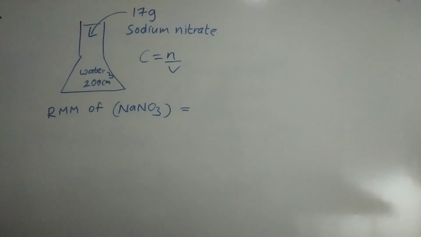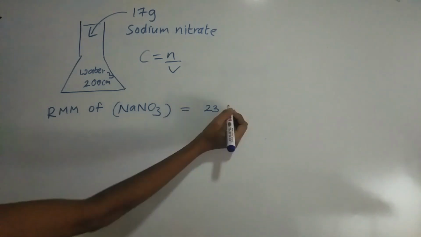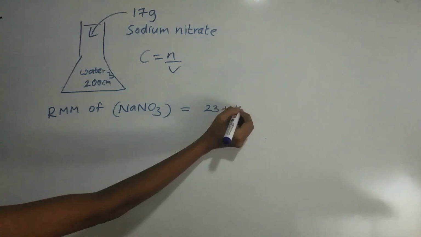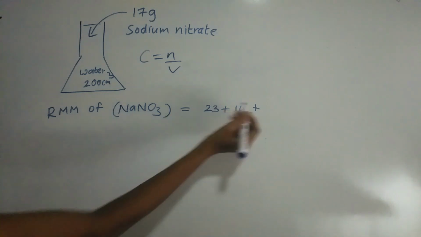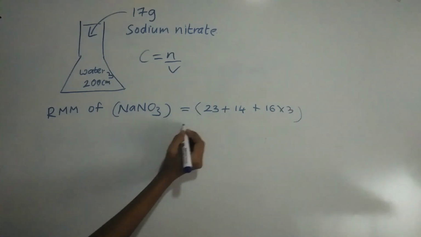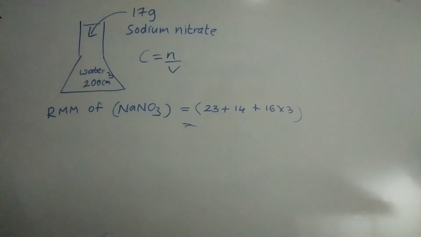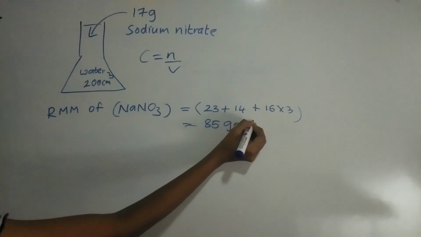The relative atomic mass of sodium is 23, nitrogen is 14 and oxygen is 16 into 3. When we add all these together, we get the answer as 85 grams per mole.